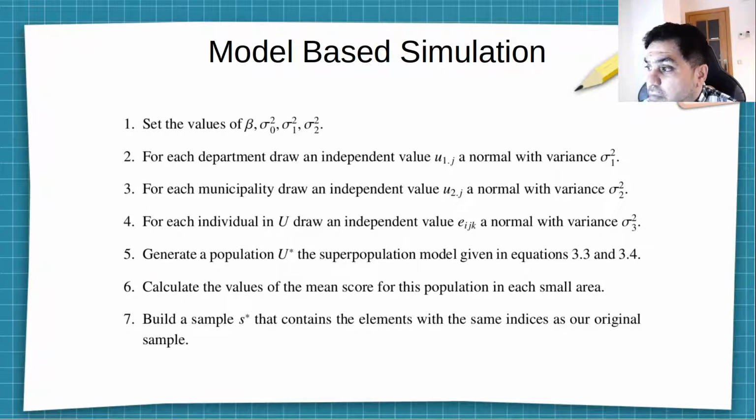Lastly, we do a model-based simulation that is very similar to doing the bootstrap sample. The main difference is that the values used in the bootstrap samples are not necessarily coming from a sample, but are those that we can think of.